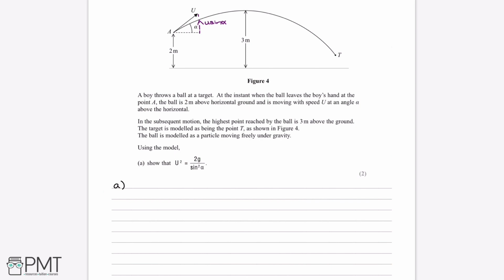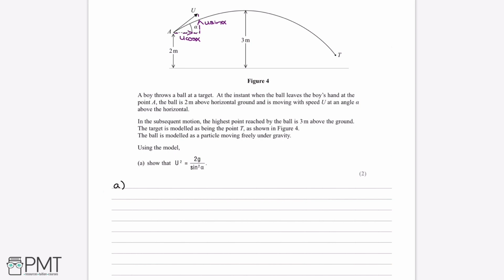If we do the exact same thing horizontally, we have an adjacent and a hypotenuse, so this is equal to u cos alpha. Now that we have our speed resolved vertically and horizontally, it should make calculations much easier.